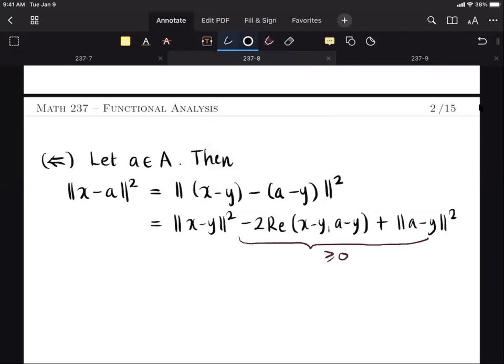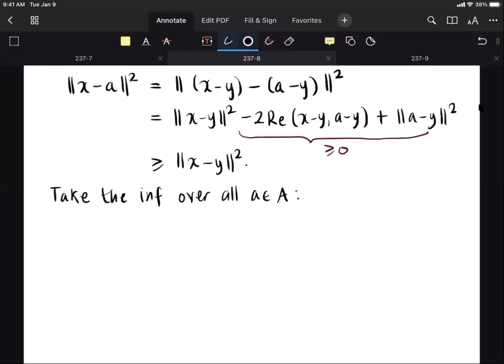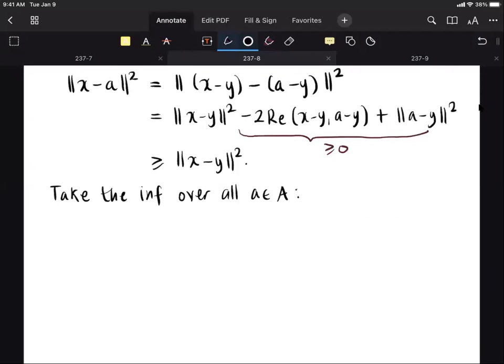Hence, this term must be greater or equal to the norm of x minus y squared. Since this is valid for any A, we take the infimum over all A in your subset, and you will get the following.